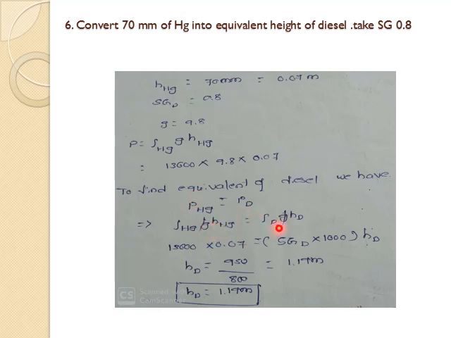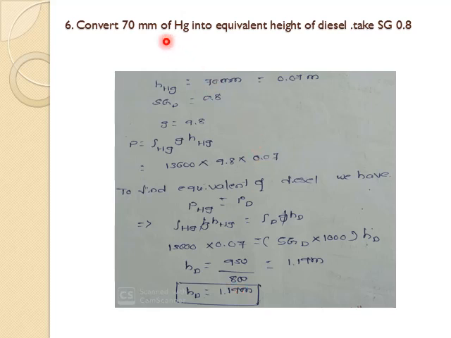So from this equivalent formula, you can extract the height of the diesel in the manometer. That is exactly the answer to this question: if you convert 70 mm of Hg into equivalent height of diesel, it will be 1.19 meter of height.